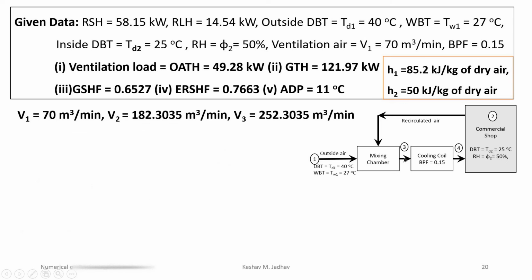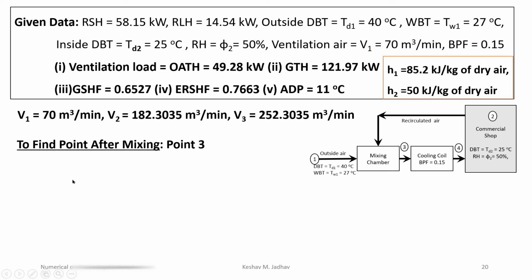Now we have to locate point 3 on psychrometry chart, so we can find out the properties at point 3. For mixing, we can write energy balance. Energy coming along with this outside air plus energy of this recirculated air is equal to energy after mixing.